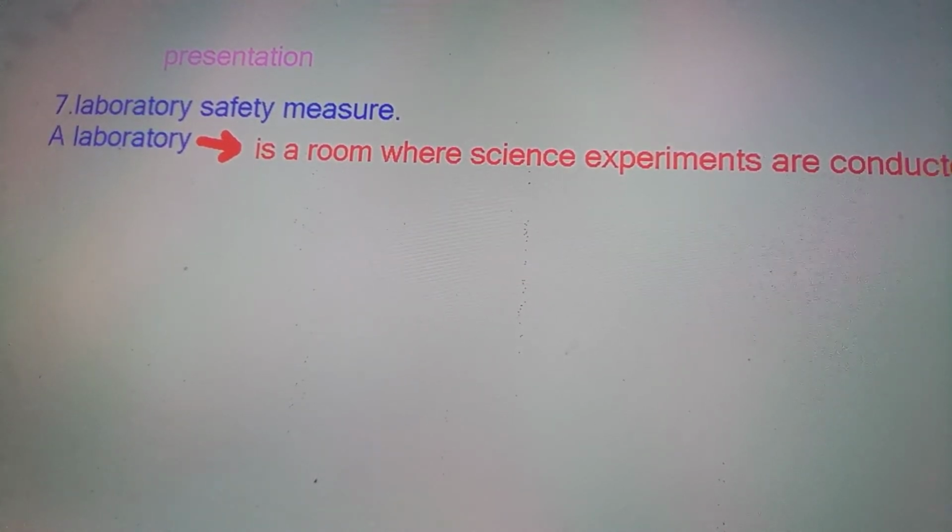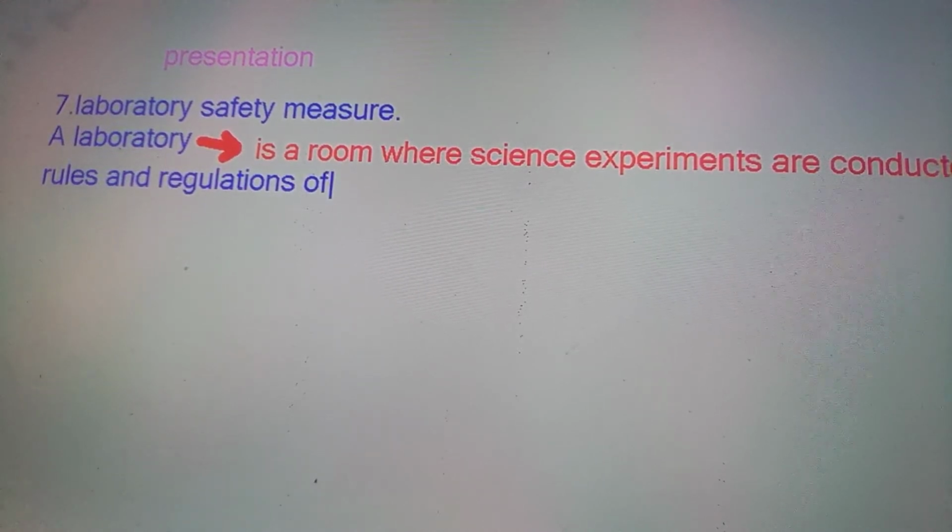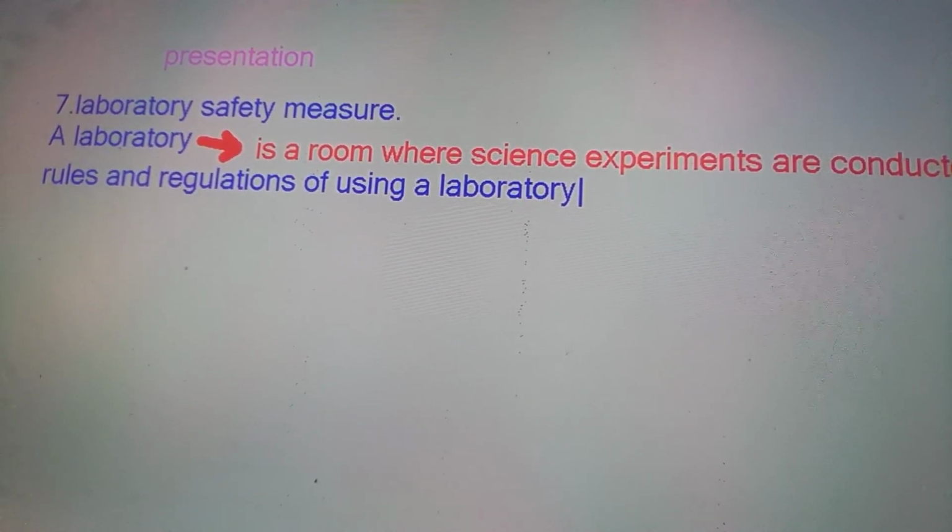We have seen also rules and regulations of using a laboratory, like do not enter a laboratory without teacher's permission, read labels carefully. We have seen different rules and regulations within this unit.